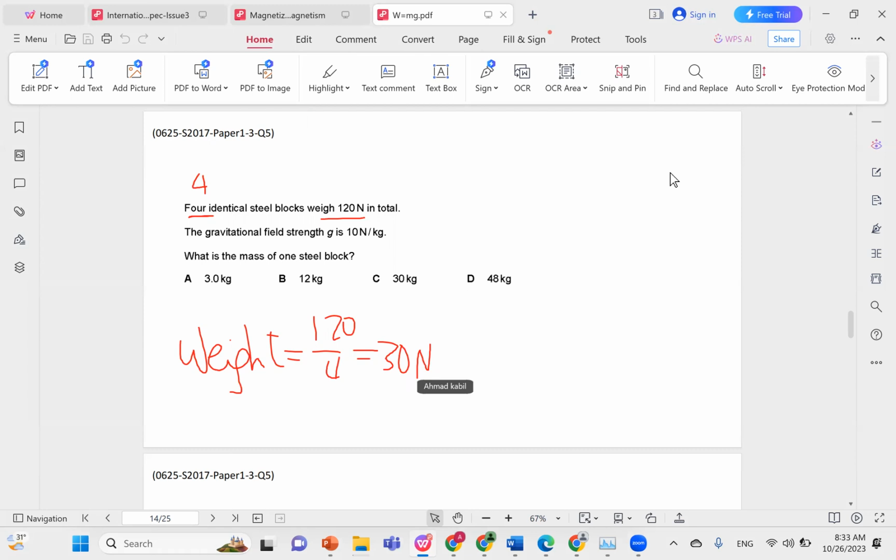So this is one trick here, because they asked for the mass of one steel block, not 4. To get the mass now, we just do 30 divided by 10, because M equals W over G. So 30 divided by 10, which is 3 kilograms. And the correct choice here is A.